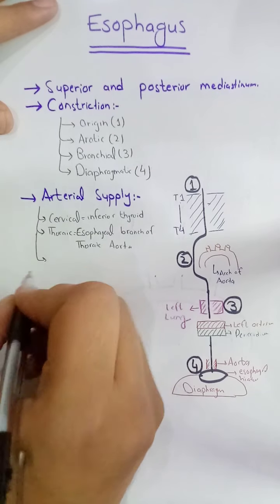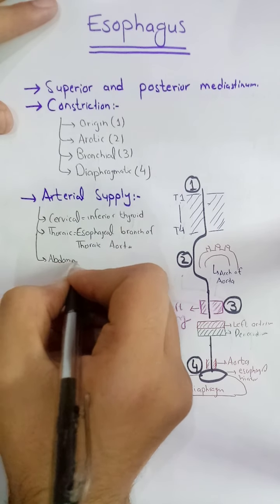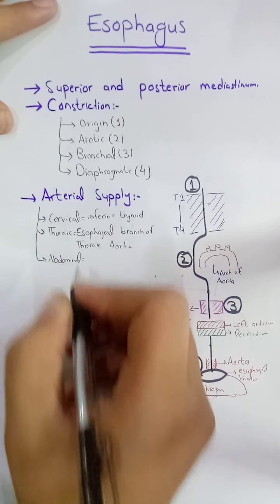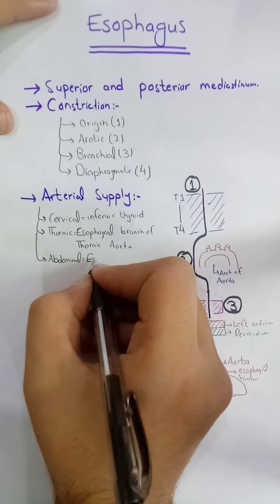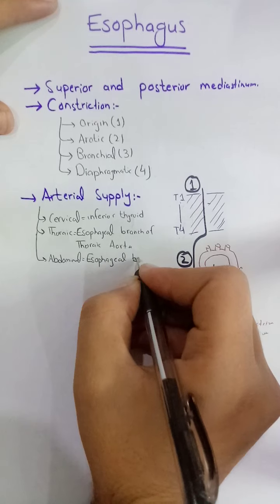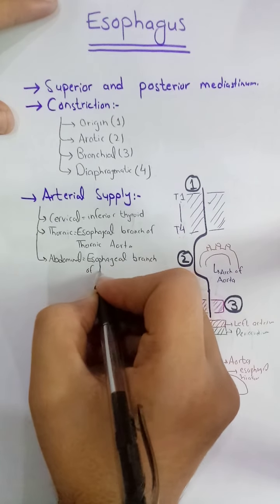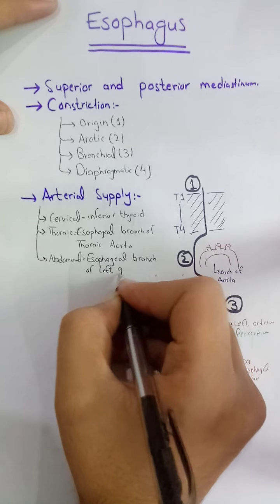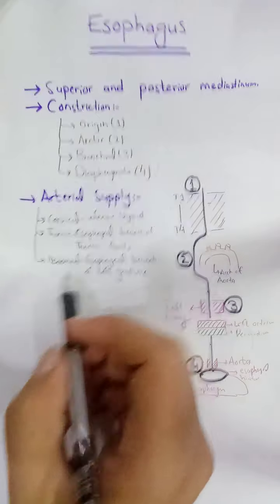And the abdominal part of the esophagus is supplied by the esophageal branch of the left gastric artery. Okay. So this is the arterial supply of the esophagus.